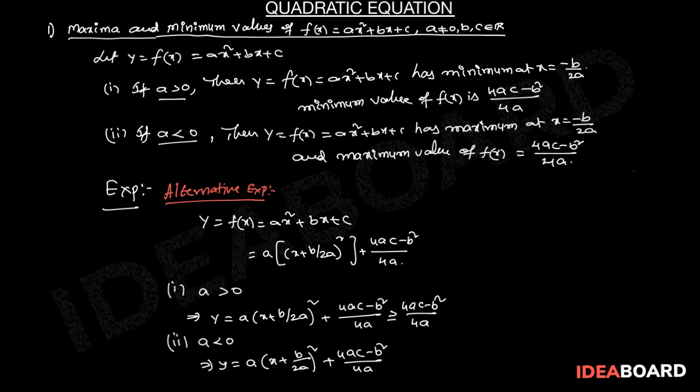Because of that, y is always less than or equal to (4ac - b²)/4a. So in the a greater than 0 case, y has a minimum. In the a less than 0 case, y has a maximum. So a minimum value exists when a is greater than 0, and a maximum value exists when a is less than 0. The minimum value is (4ac - b²)/4a. The maximum value is (4ac - b²)/4a.